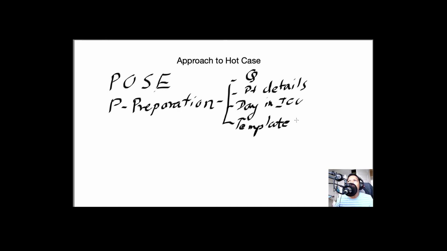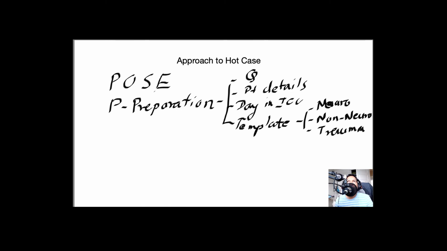Just to summarize, one is neuro, one is non-neuro, and the third one is trauma. Okay, so these are the main templates that I use, and feel free to change those templates.